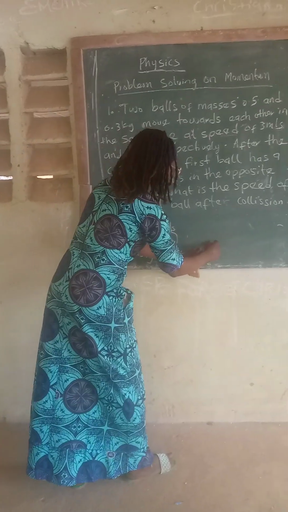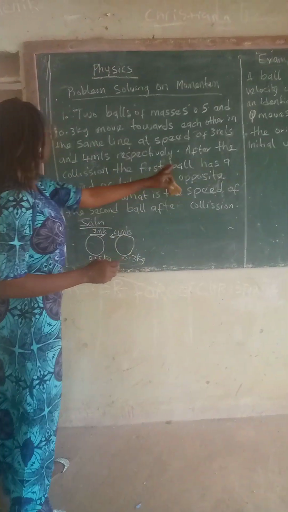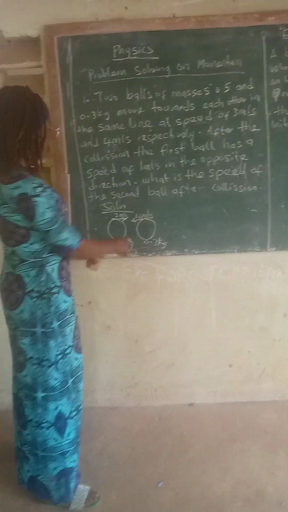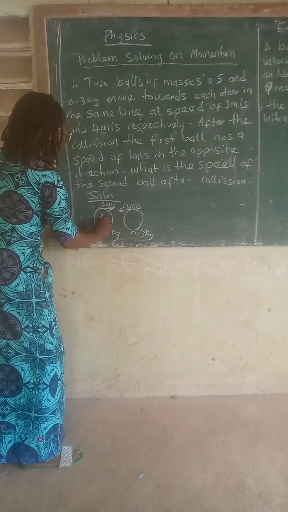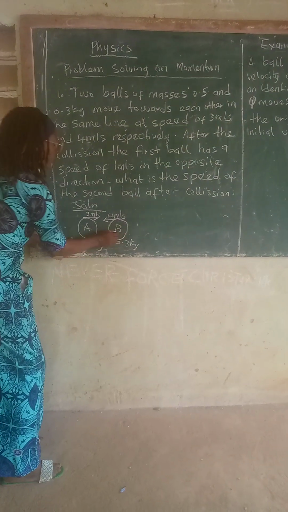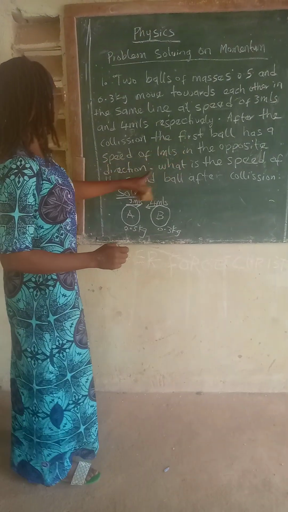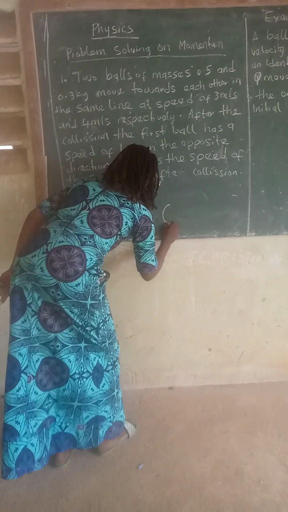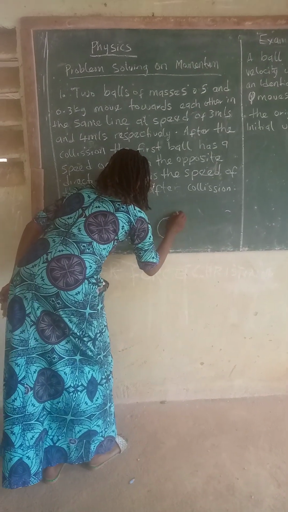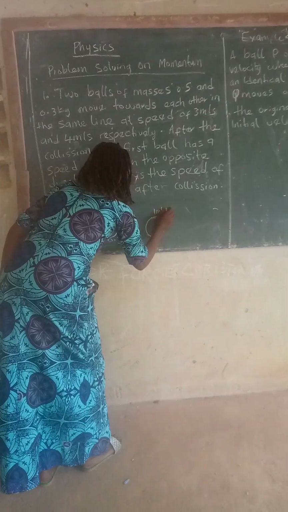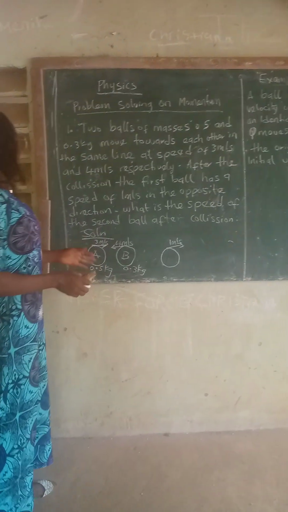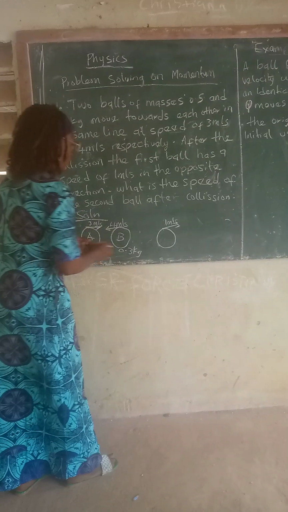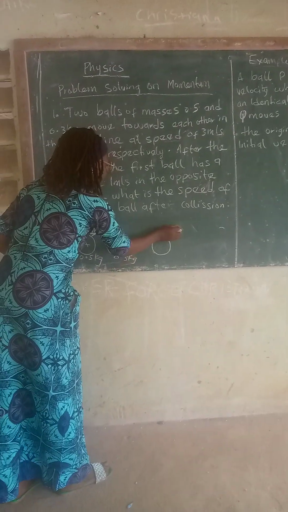After collision, it says the first ball has a speed of 1 meter per second. Let's call this one ball A, and this one ball B. So this is after collision, the first ball with a speed of 1 meter per second, in the opposite direction.